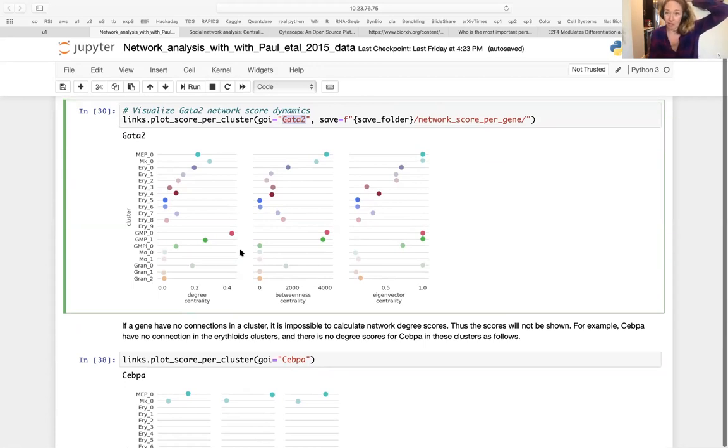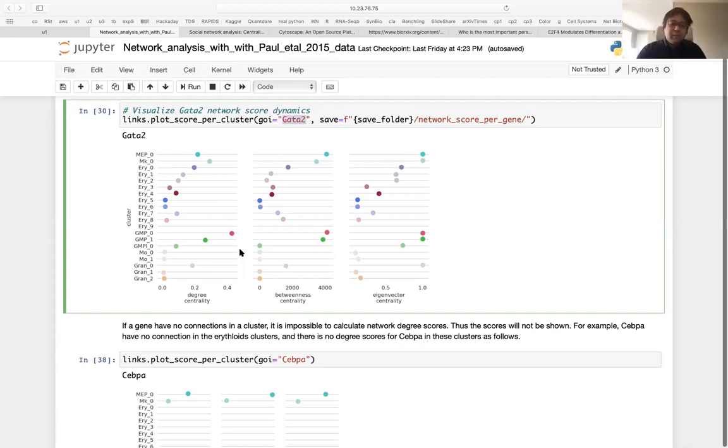Correct me if I'm wrong, that indicates that in the MEPs, GATA2 might not have as many connections in terms of absolute edges, but the other genes it's connecting to are potentially quite well connected within those networks. So it gives it eigenvector centrality. That's an interesting metric, I think, just to point out to people here.